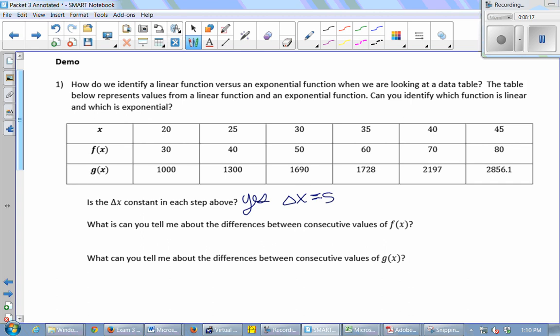Okay, so what can you tell me about consecutive differences of f of x? 30, 40, 50, 60, what are they changing by? 10. So my change in y for f of x is 10, right? Constant, always 10. All right, what if I look at differences for g of x?